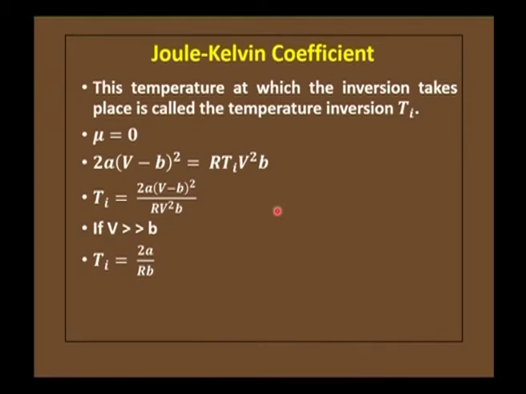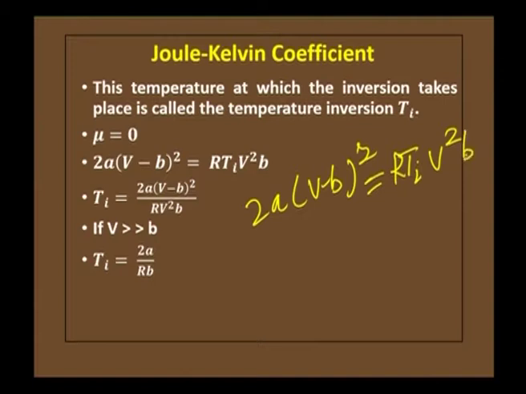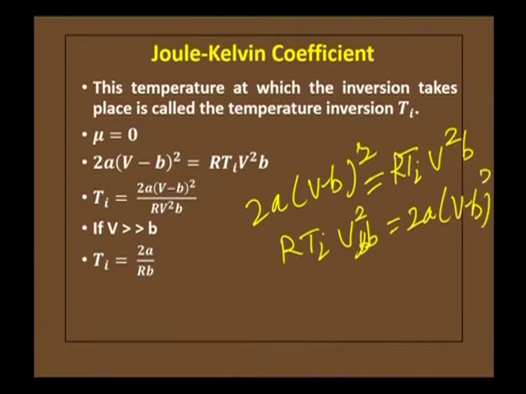It is represented by the symbol Ti, and therefore, for the temperature of inversion, the Joule Kelvin coefficient mu is equal to 0. Therefore, I can write 2A into V minus B the whole squared is equal to RT i V squared B. So, from this I can write R Ti V squared into B is equal to 2A into V minus B the whole square.